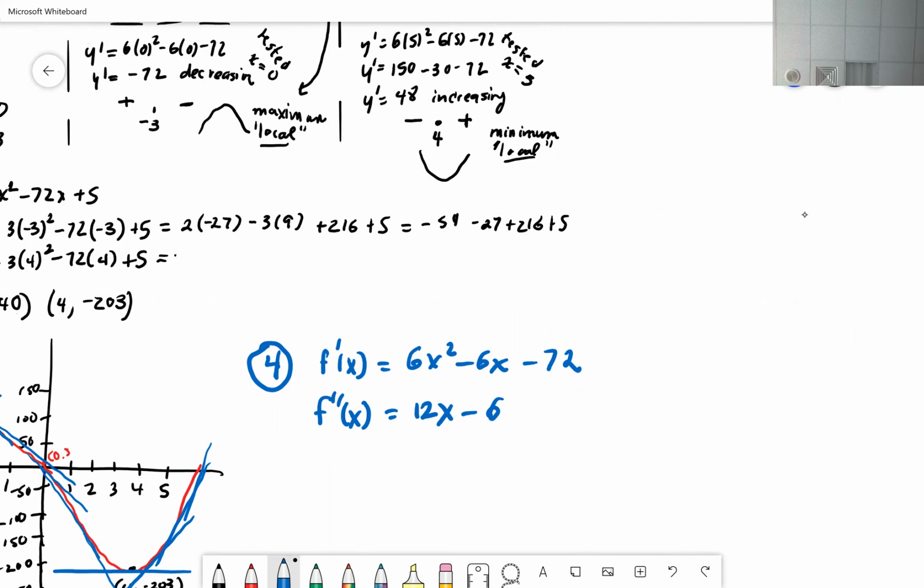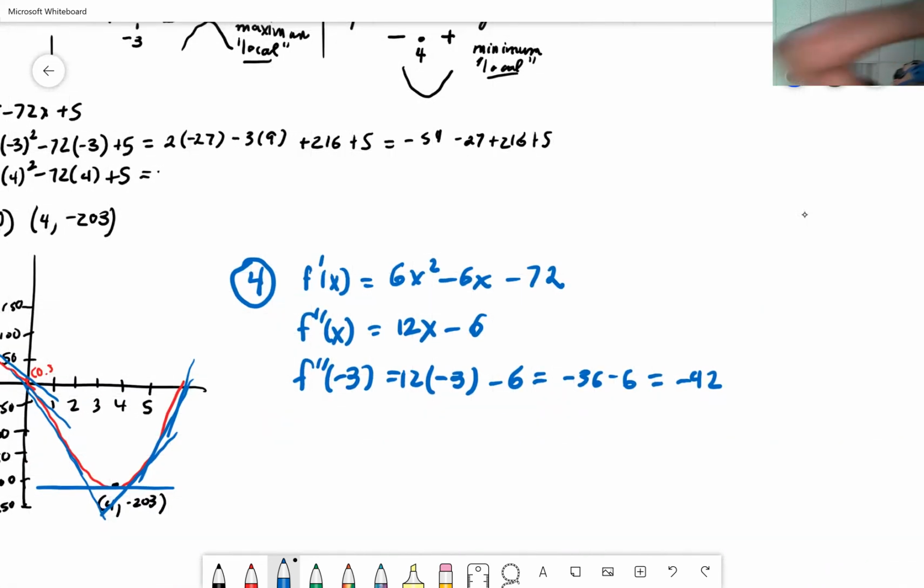Now look at this. I'm going to put f double prime of -3 equals 12 times -3 minus 6. And this comes out to -36 minus 6. I don't care what the exact answer is, but what I got here was a negative value.